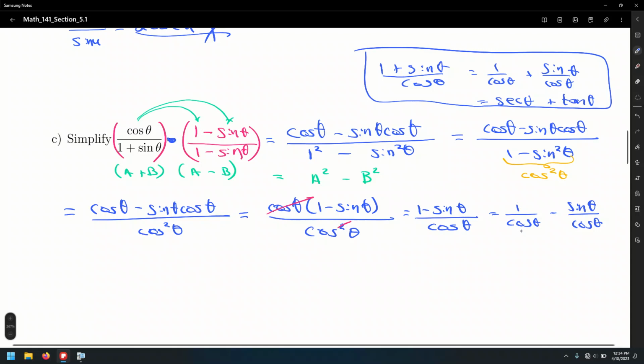We know that 1 over cosine is the reciprocal of the secant function, that's secant theta, and minus the ratio sine over cosine, that's a tangent function. So I'm going to box the two results, just so you can see that both are okay results, but that's going to be based on the instructions.